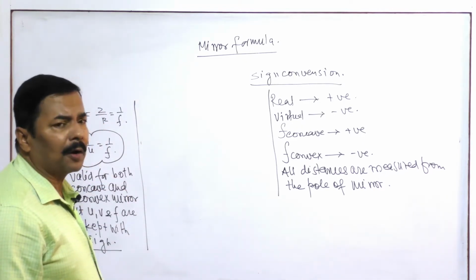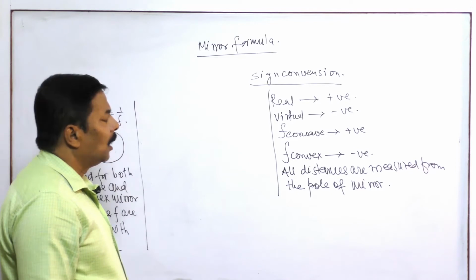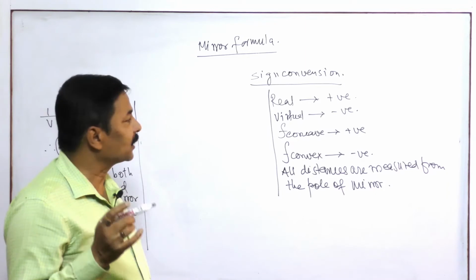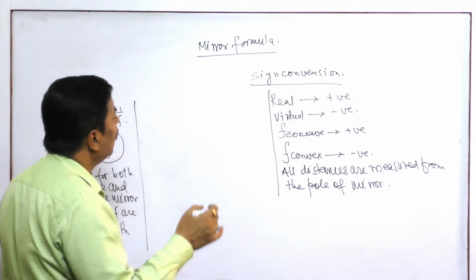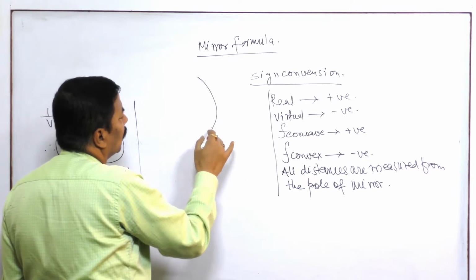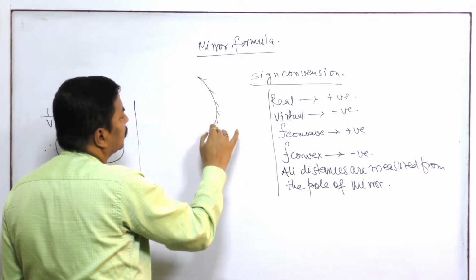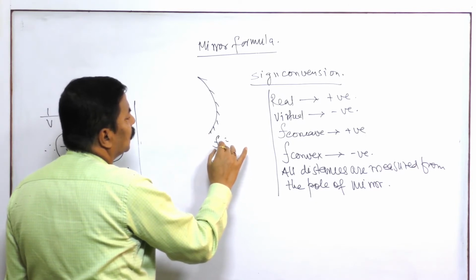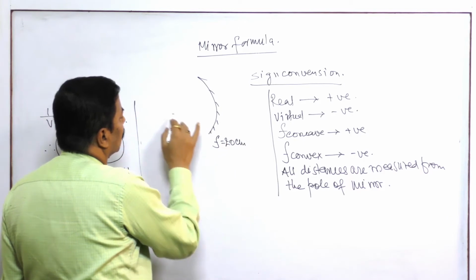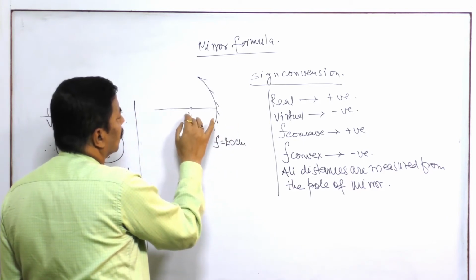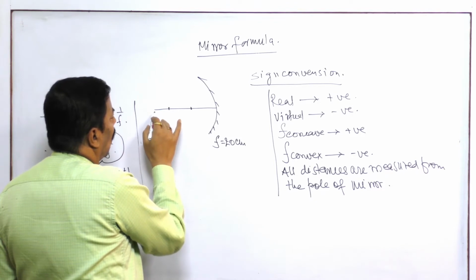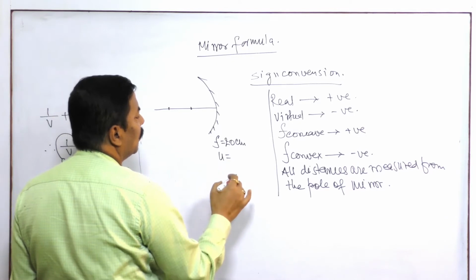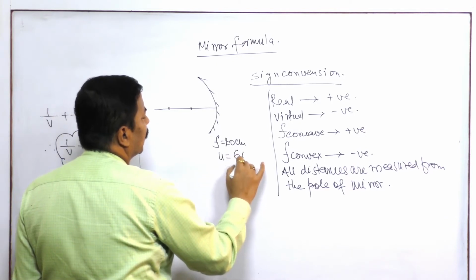Now with the mirror formula, we will verify the ray diagram that we have discussed. Suppose in a concave mirror, the focal length is 20 centimeter and the object distance U is 60 centimeter.